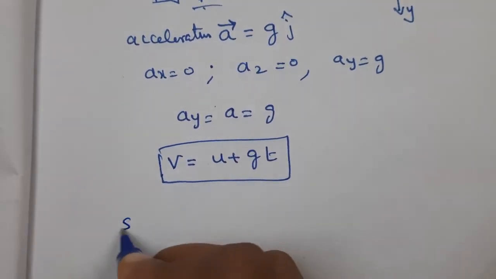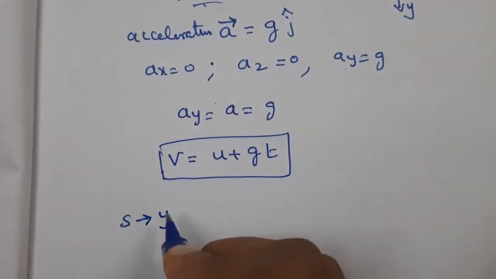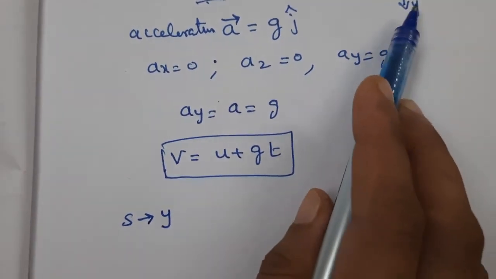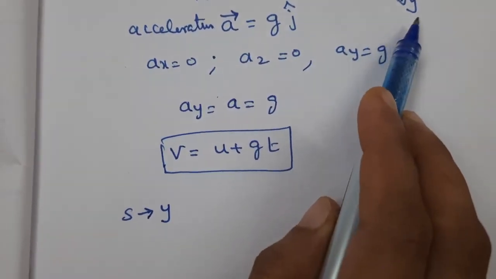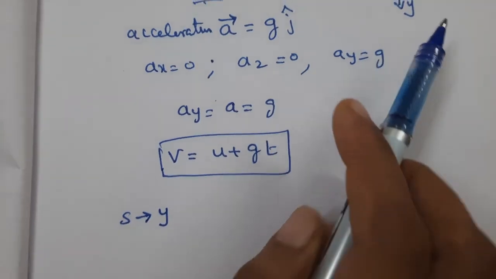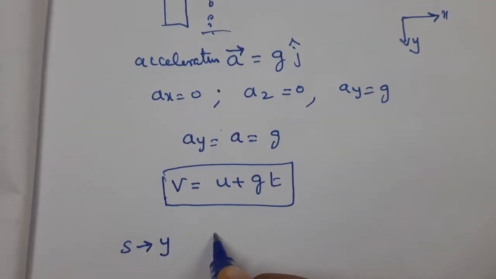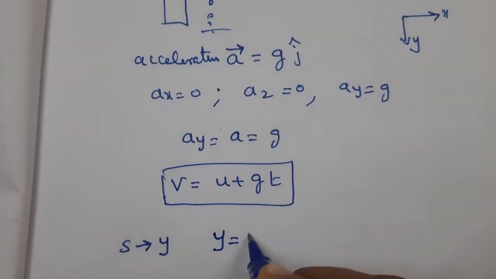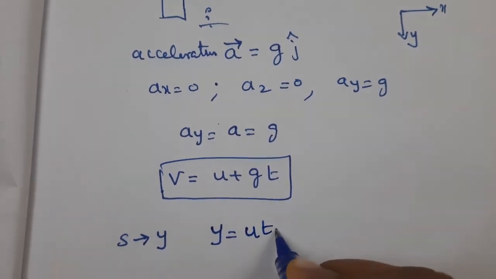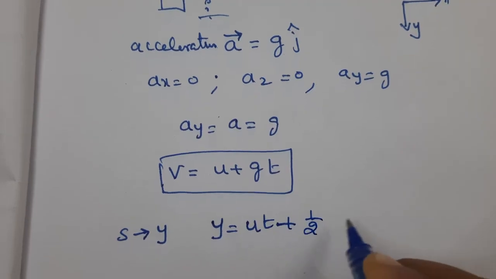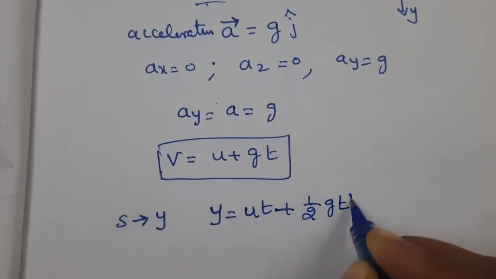Here instead of s we can write y because the displacement is in the downward direction, which we chose as the y axis. So second equation of motion can be written as y equal to ut plus half gt square.